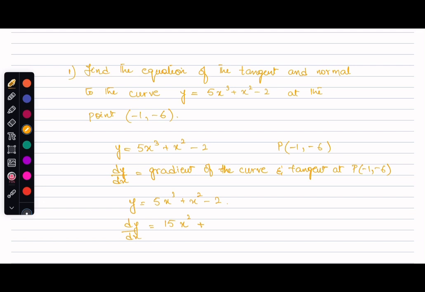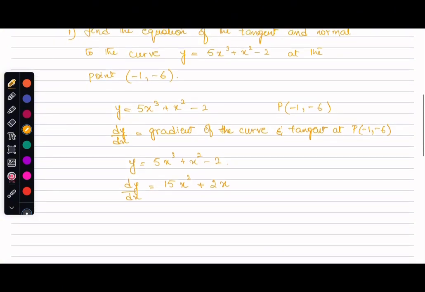Second term, it should be 2 times 1 giving me 2, x² reduced by 1 shall be just x, and we know that the constant shall get eliminated. So the gradient of the curve equation is 15x² + 2x. This here is actually going to be the gradient equation.